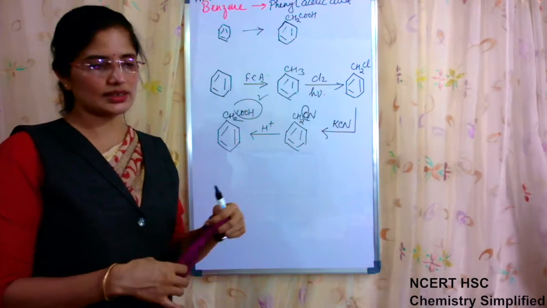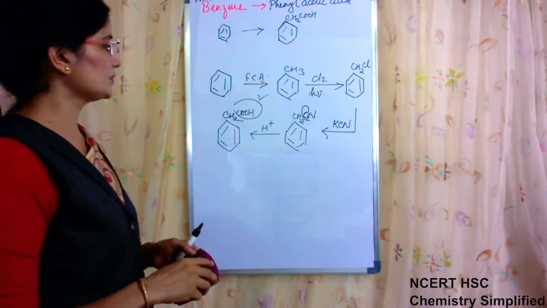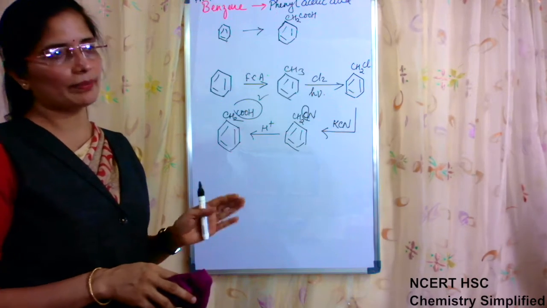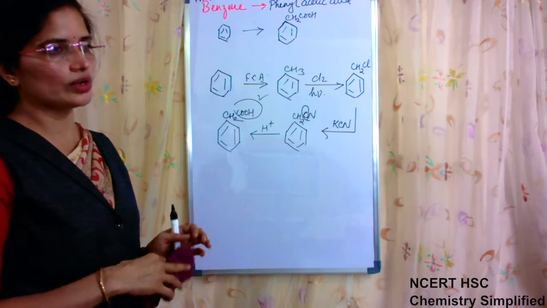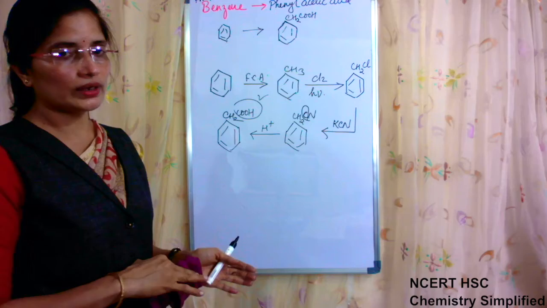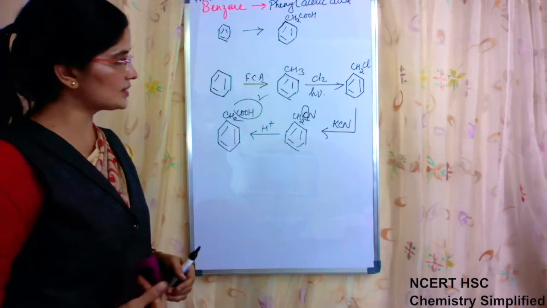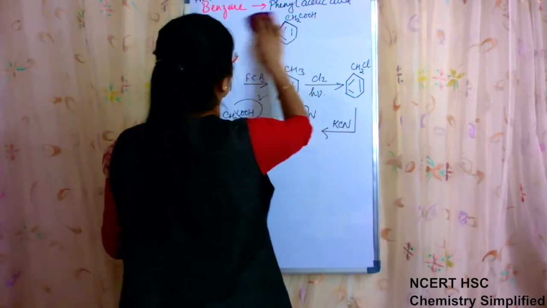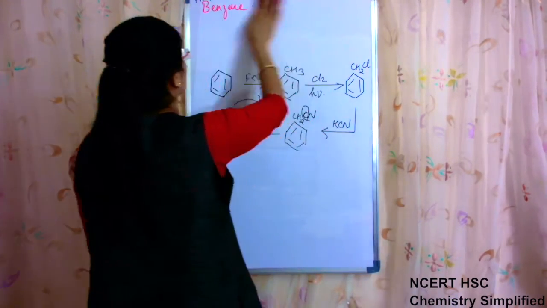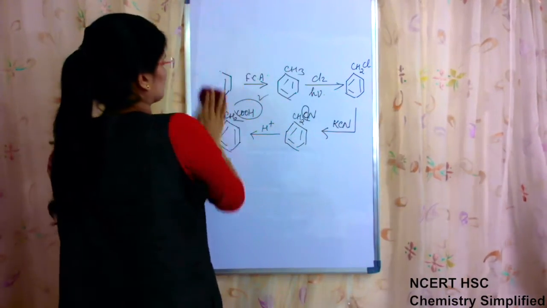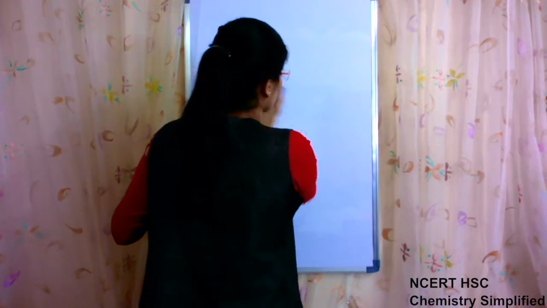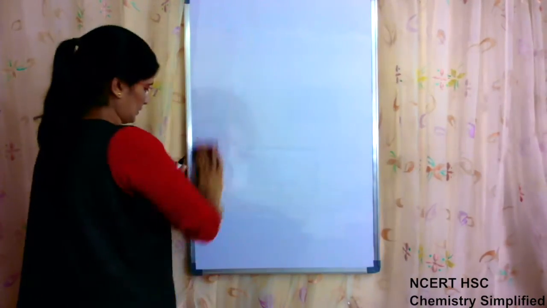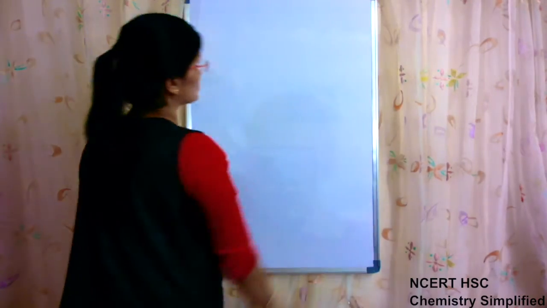But conversions will require practice. At least 3-4 times you have to do them again and again. One time by looking at the answer given, second time, third time without looking at it. So these are a few conversions related to this chapter.